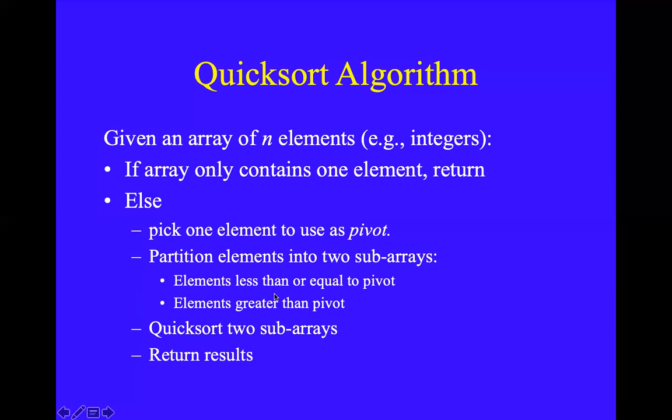Elements less than or equal to the pivot will be one array, and elements greater than the pivot will be the second array. So using the pivot, we divide this array, and again apply quicksort on the two subarrays and return the results.